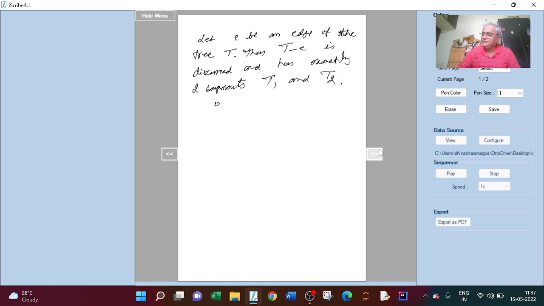So if we consider any tree here, this is a tree. Now if we remove any edge here, suppose I remove this edge, then what happens? This part is one tree and the remaining part is another tree.